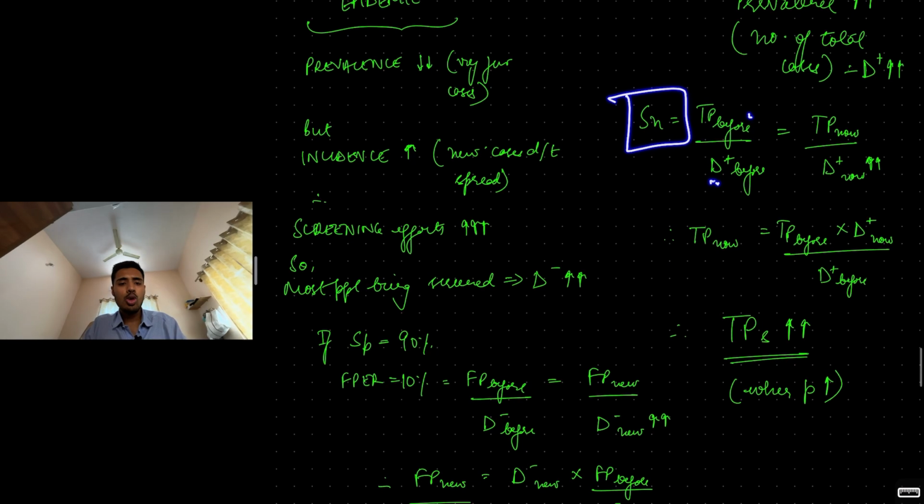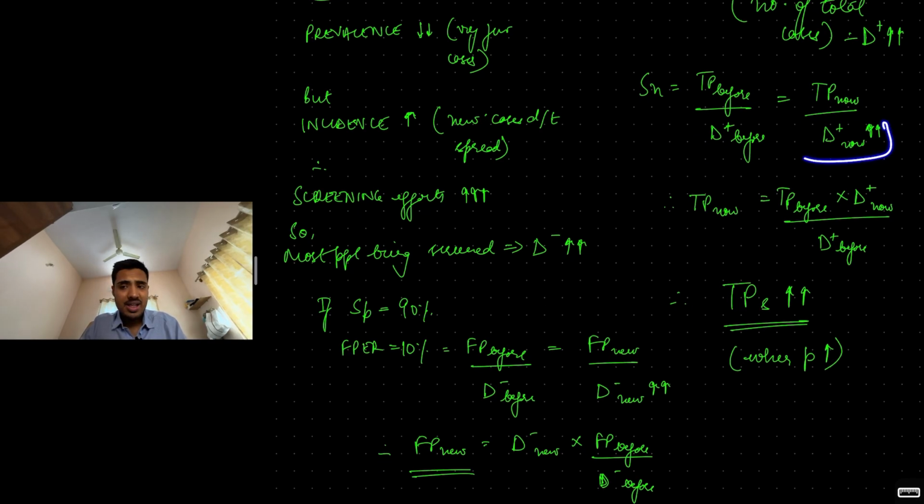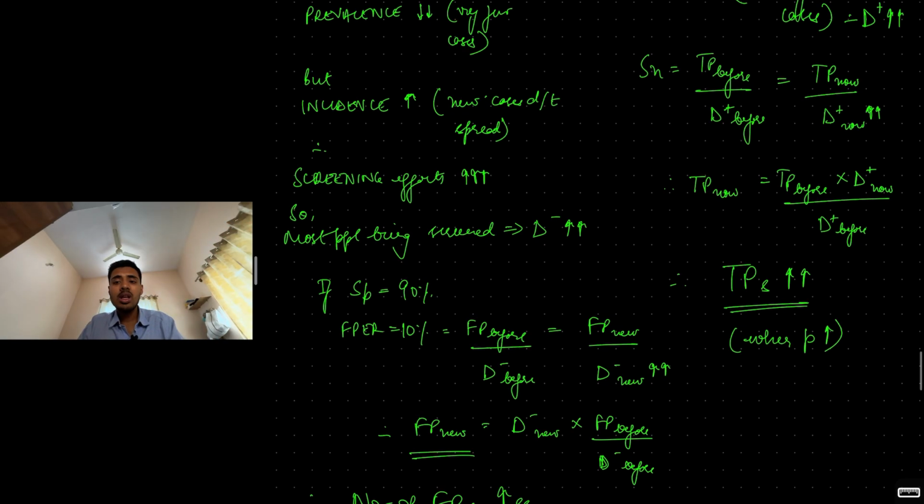So true positive before by disease present before is equal to true positive now divided by disease positive now, because sensitivity is constant, and disease present now is more because of the high prevalence. Obviously high prevalence means disease positive now is more. Common sense. Whenever the prevalence is high, the number of true positives has to increase. Lot of cases, so the number of true positives has to increase. When you have a lot of cases, most of the people you're testing that's coming positive will end up being a true positive.